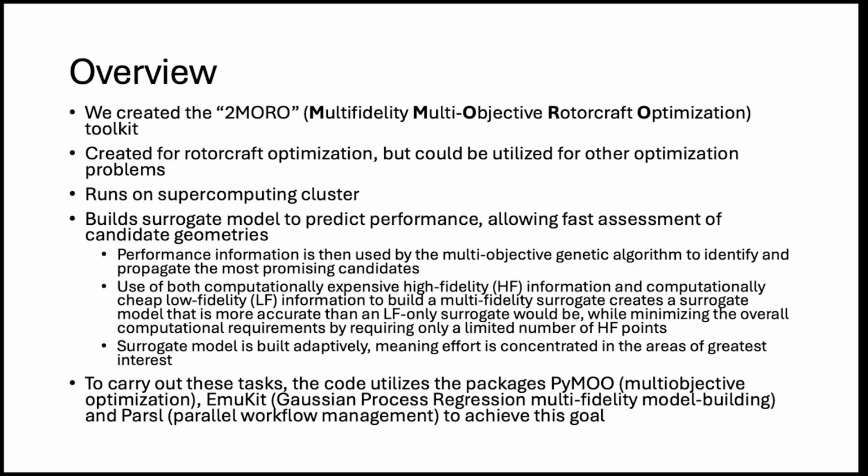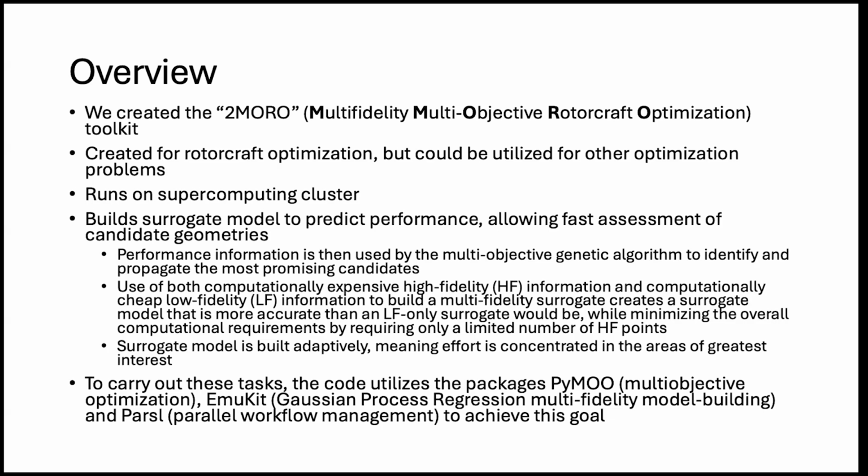And this surrogate model is multi-fidelity, meaning it uses both computationally cheap low fidelity or LF information and computationally expensive but higher quality high fidelity information and combines them. And the surrogate model is also built adaptively, meaning that effort of gathering data is concentrated in the areas of greatest interest.